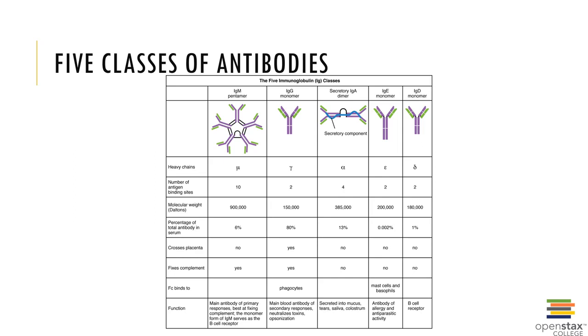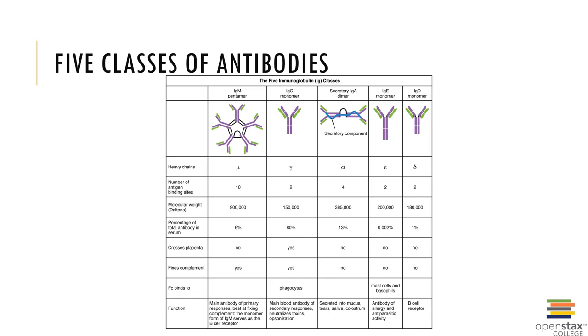IgG antibodies are responsible for the resistance against many viruses, bacteria, and bacterial toxins. IgG are monomers and can cross the placenta. IgG antibodies cause the effects of hemolytic disease of the newborn, which we will discuss later.